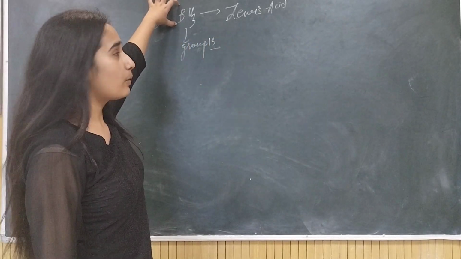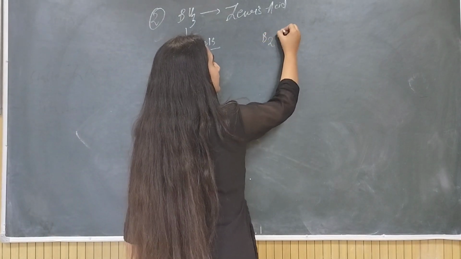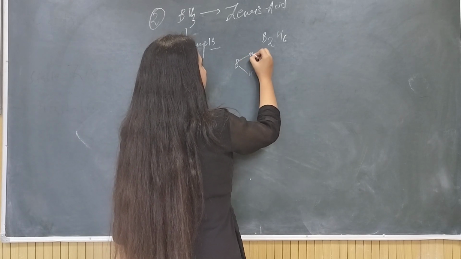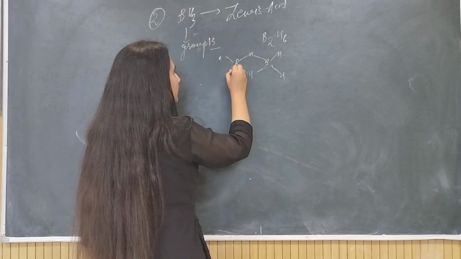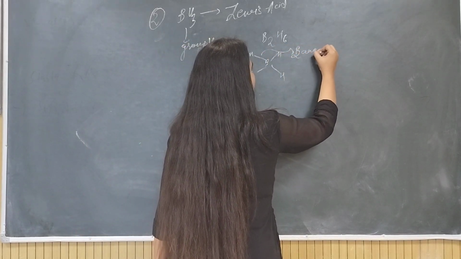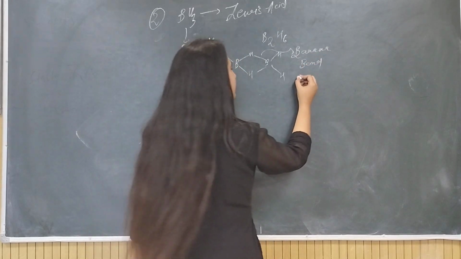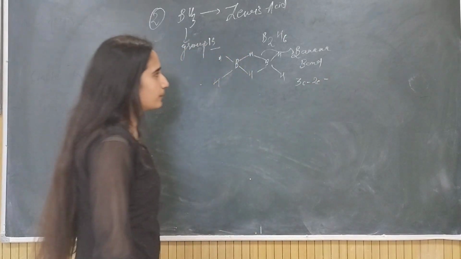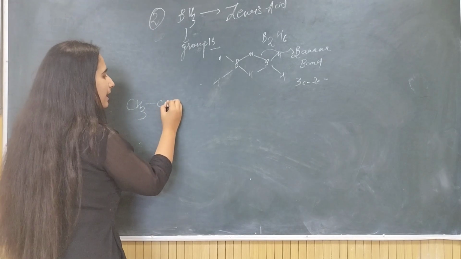Its size is very small and it exists as a dimer in the form of B2H6. This bond is known as banana bond and it is a 3 center 2 electron bond.